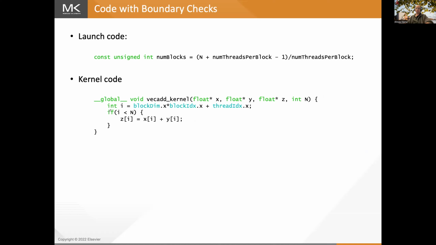As before, I have to calculate this global thread index to know on which data point exactly my thread is working. And then we check the boundary condition here. If this index is smaller than n, the number of elements, we do the computations. Otherwise, we do nothing. So those threads that are redundant just ignore this calculation. All right.